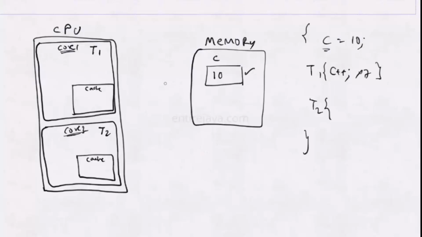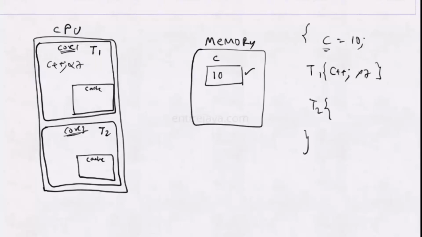Let's assume that we have a dual core processor and each one of these threads is running simultaneously on one of these cores. So T1 goes in core 1 and it tries to perform the operation of incrementing the value 7 times.